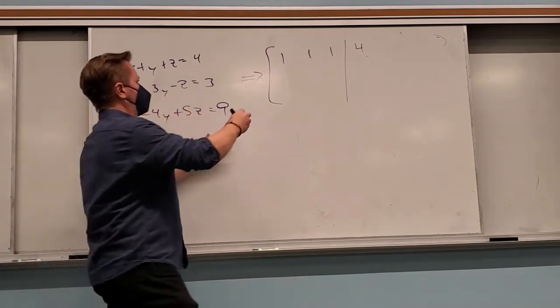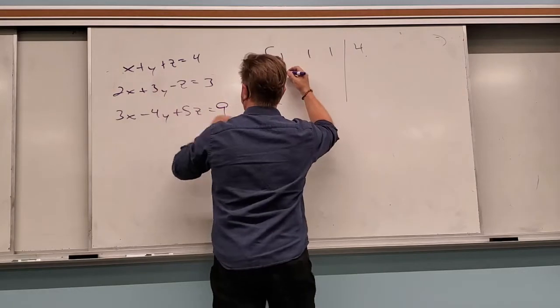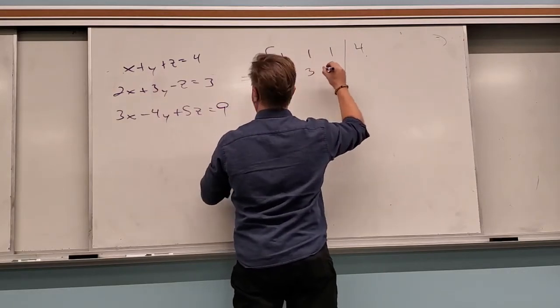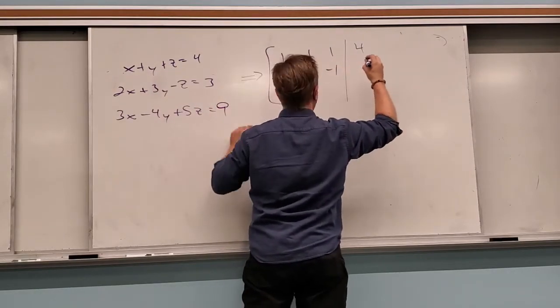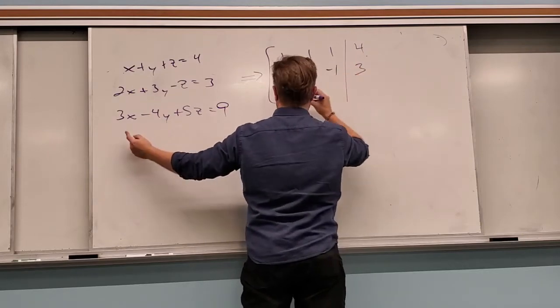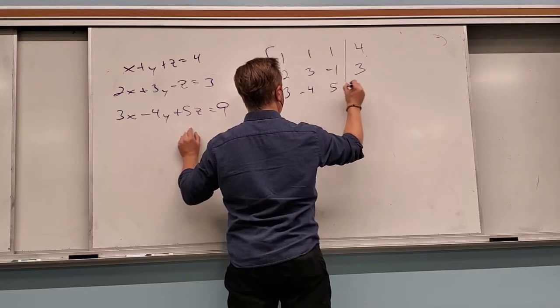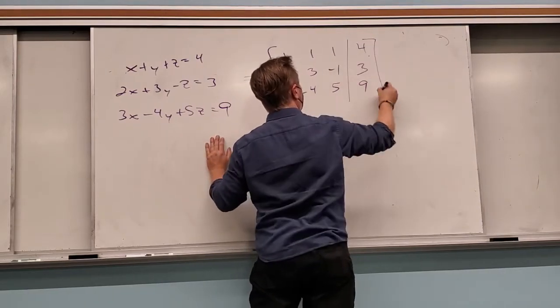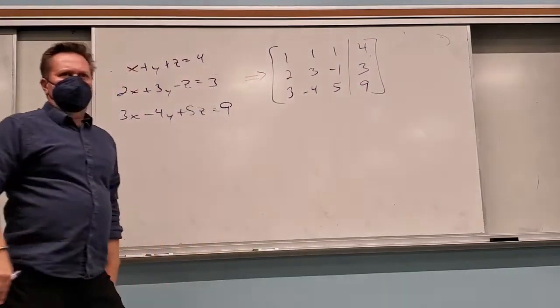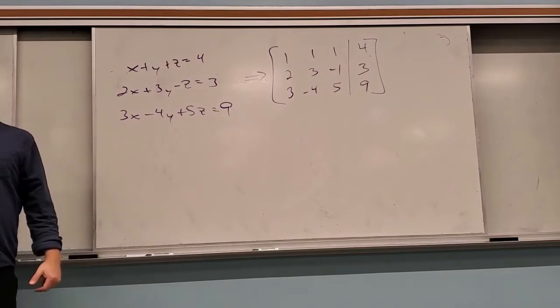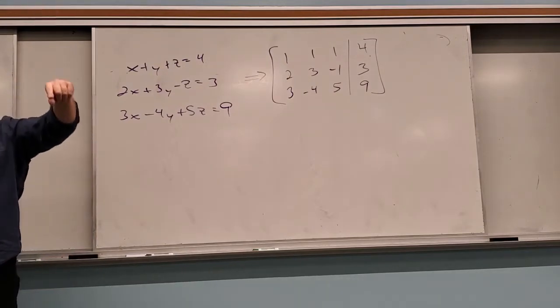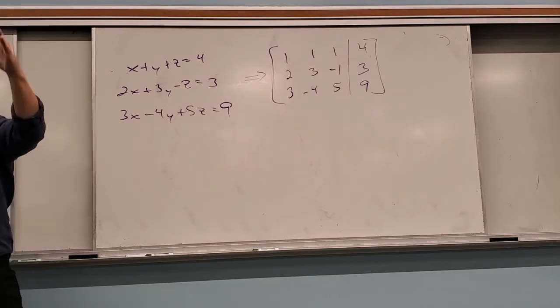Here: 2, 3, -1, 3. Then 3, -4, 5, 9. The line, some teachers don't show that. I like to put the line to remind me that's where the equals is.